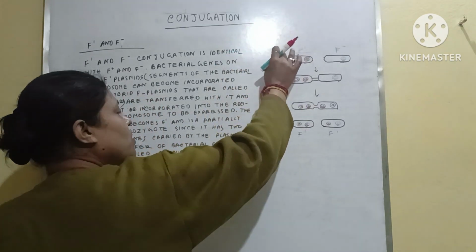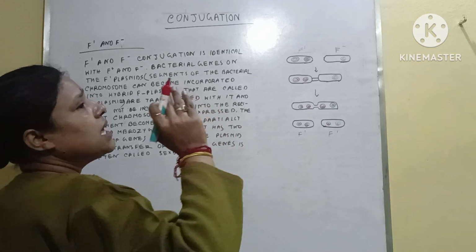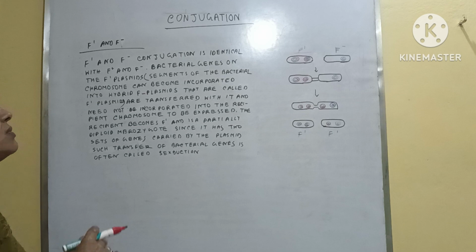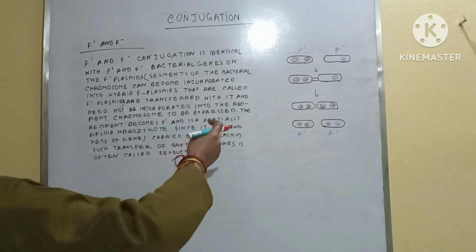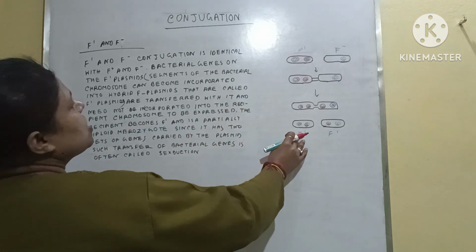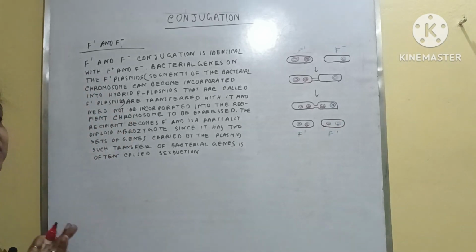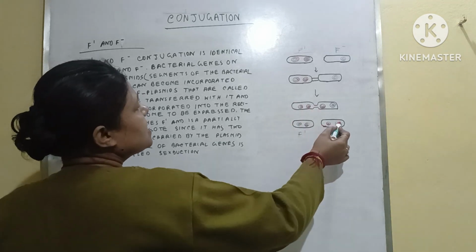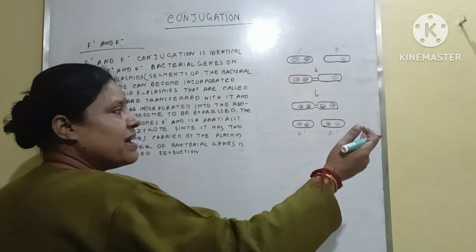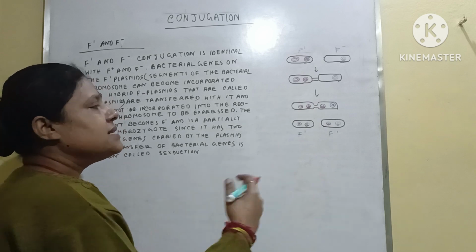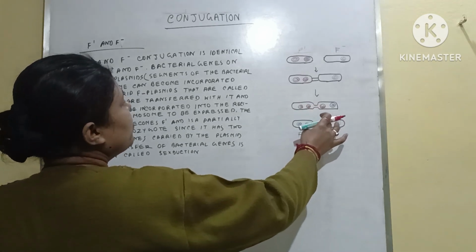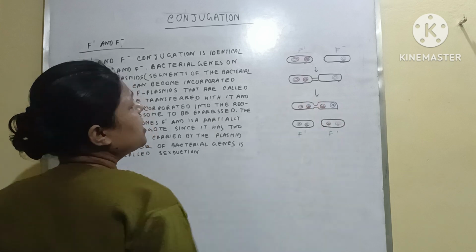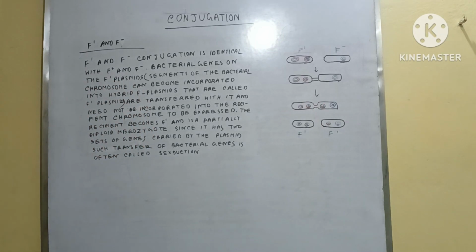That means F dash is only the bacteria that has the recombinant DNA. Simple. By the conjugation process, from F dash another F dash may be formed. Sometimes this chromosomal DNA may remain separate from the plasmid, and sometimes this recombinant DNA coming from the donor may be incorporated with the chromosomal DNA by the process of recombination.